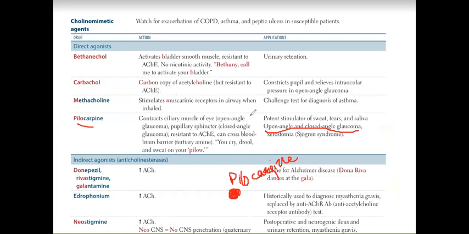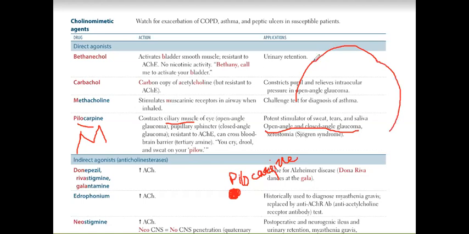So let's see at which particular receptors this pilocarpine works. First of all, we have to see at which particular receptors it works. It mostly has this muscarinic activity, so that means it is acting on the M receptors. And by seeing its actions on the ciliary muscles of the eye, I showed you a picture yesterday. I drew it yesterday: this is the cornea, and then this is the rest of the eyeball.